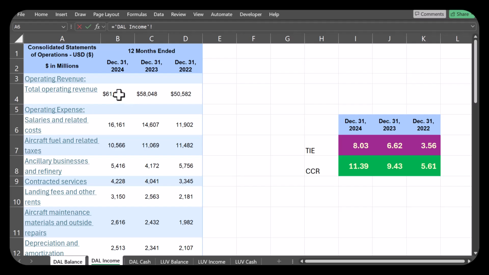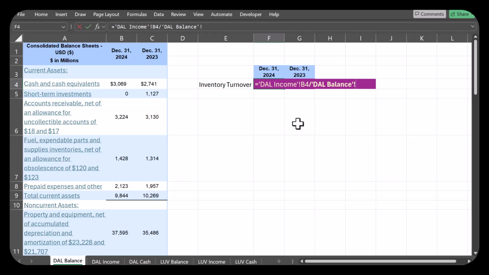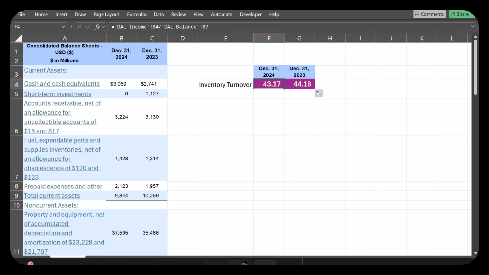Well, let's just use that for the hell of it, since the concept of inventory doesn't apply too much to airlines. Let's see, something like that. I'm not even going to calculate this for Southwest Airlines. I just want to show you another way of looking at inventory turnover.